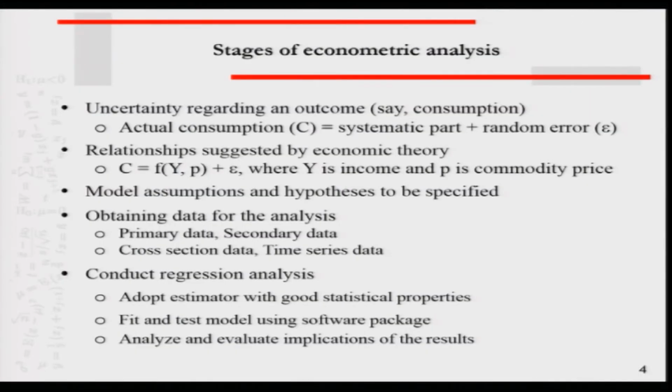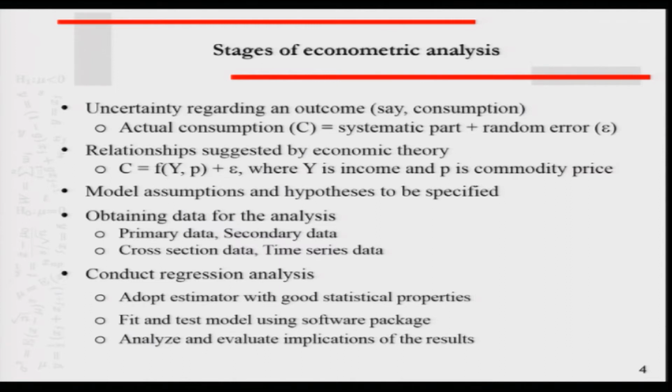So, let us start with a simple economic theory, known as the theory of consumption function. We write actual consumption, denoted by capital C, as a sum of two components: one is the systematic part and the other one is a random error epsilon. A relationship suggested by economic theory can be written in mathematical form like the following: capital C equals f of capital Y comma p, plus epsilon.